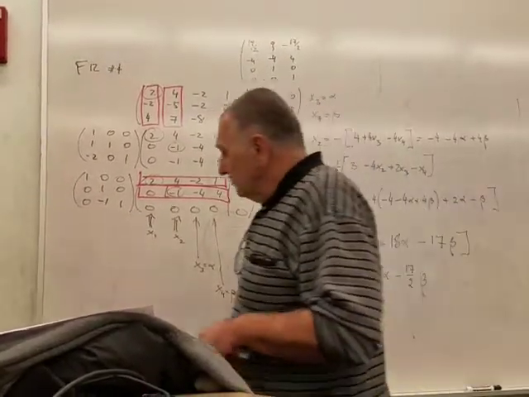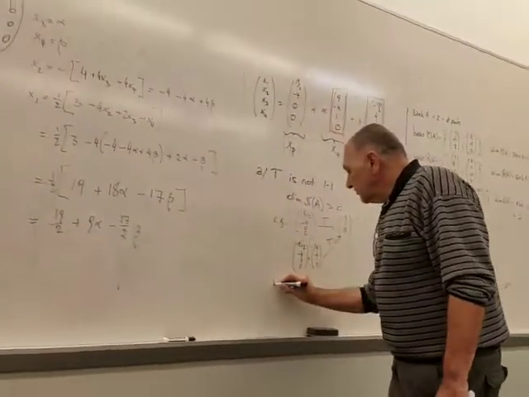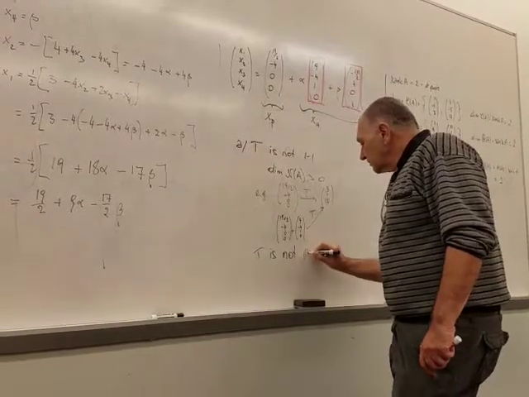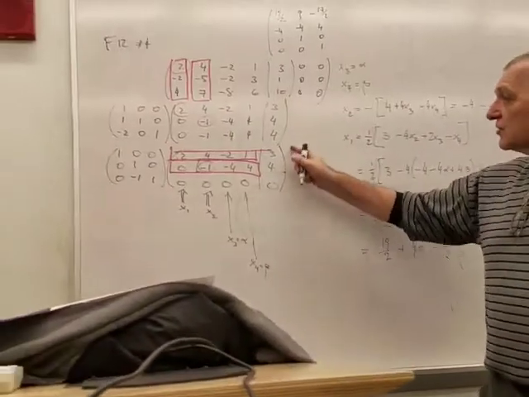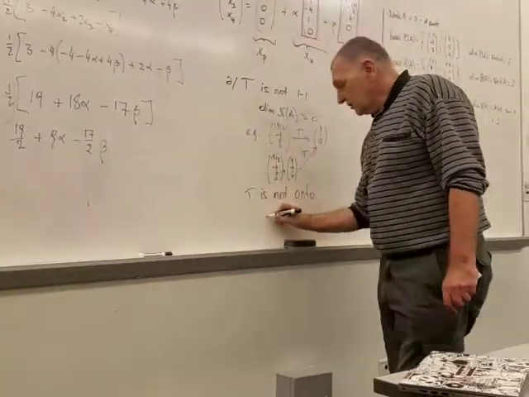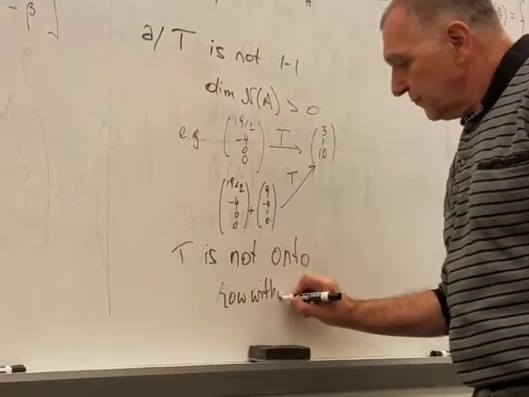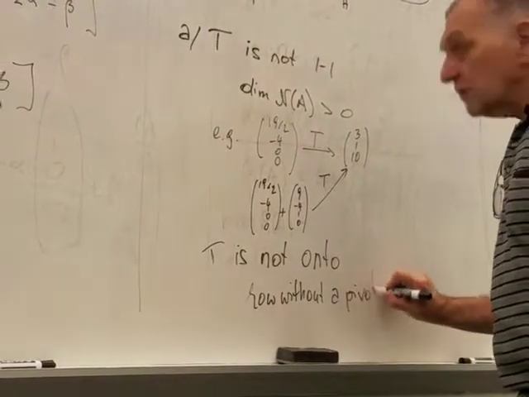It's not asked for, but if we did, we could also say T is not onto. There are right-hand sides we can't reach. There's a row without a pivot, and therefore what?